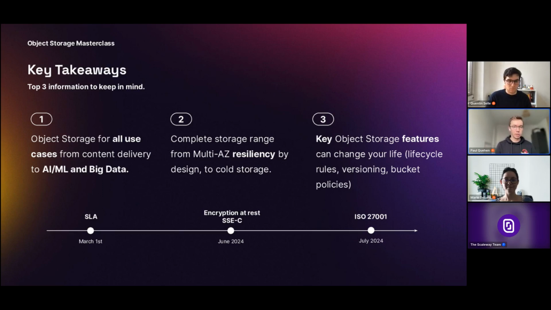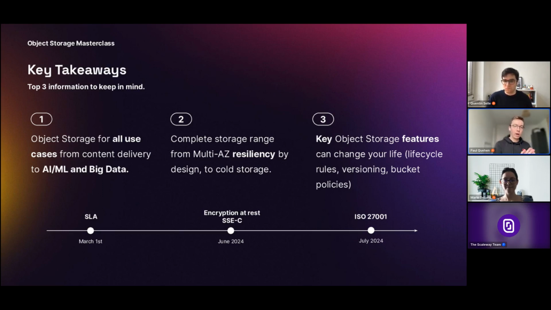We have a complete storage range, from multi-AZ resiliency by design to our cold storage Glacier class. And last but not least, we have key object storage features that can change your life. We have the lifecycle rules, we have the versioning, we have the bucket policies. Those features can change your life, but also the life of your budget.